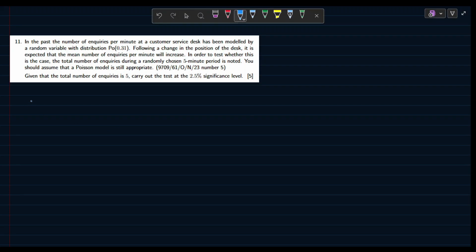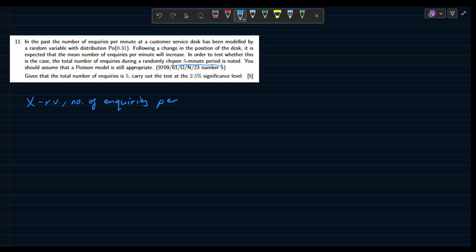So let's start off by defining our random variable x. So this is the number of inquiries per, and they said in order to test whether this is the case, they used a randomly chosen 5-minute period.